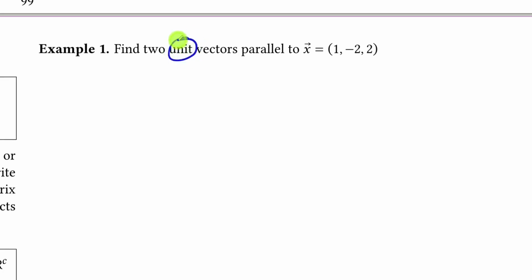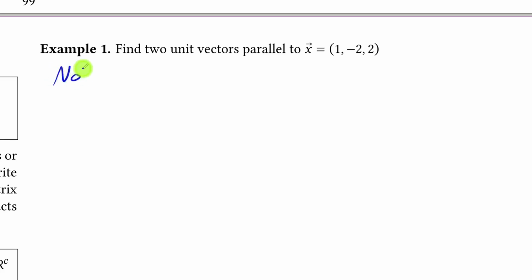Find two unit vectors parallel to x. First thing we want to notice is that if you take any old vector x and multiply it by a scalar, which is 1 divided by its length, and then get the length of that, let's see what happens.